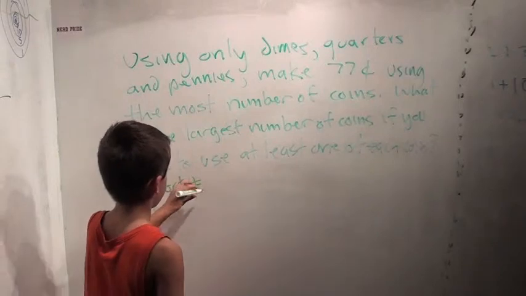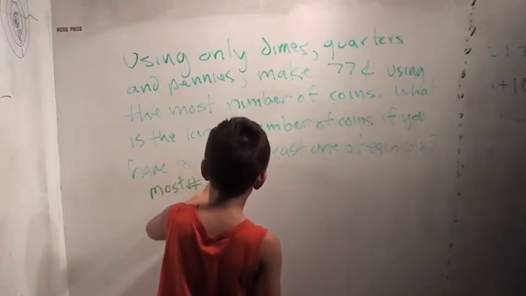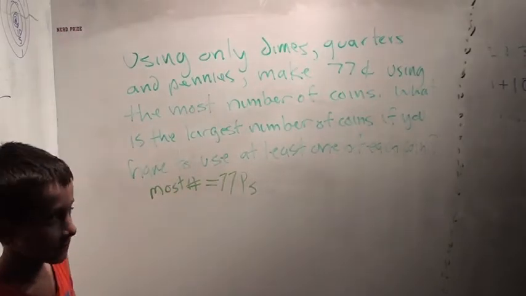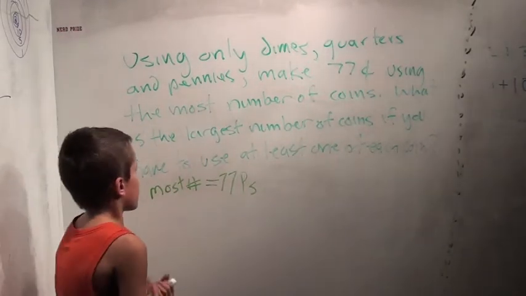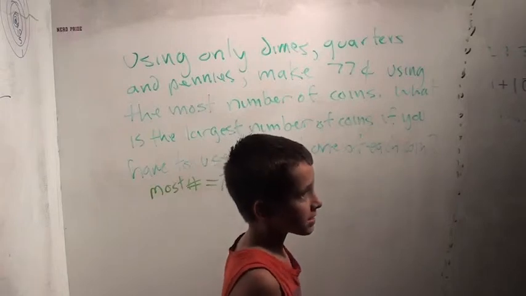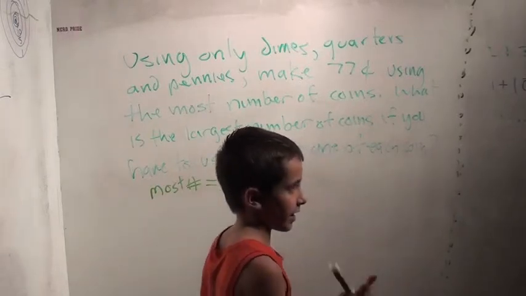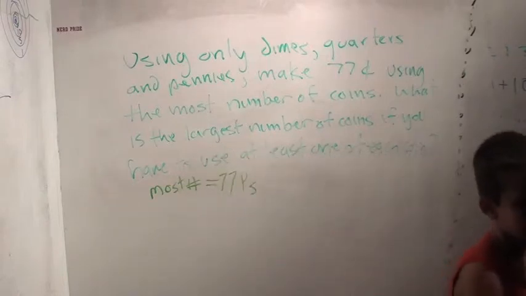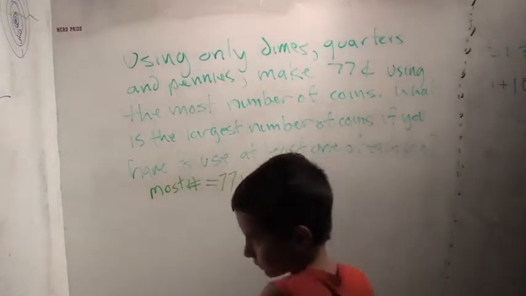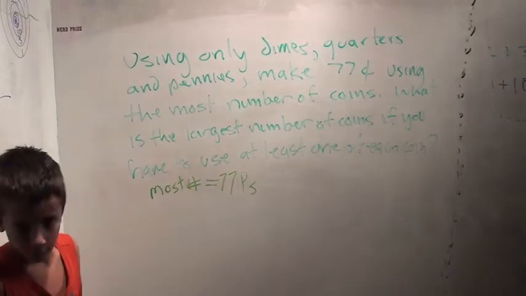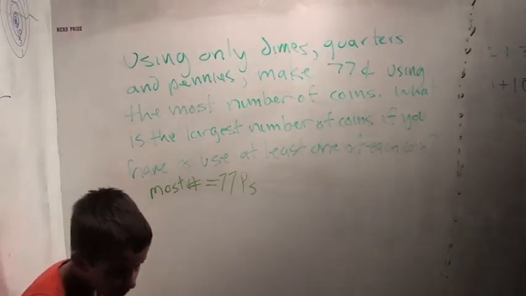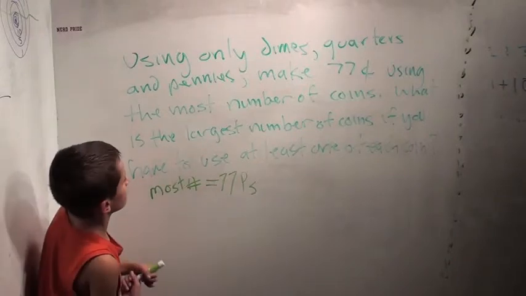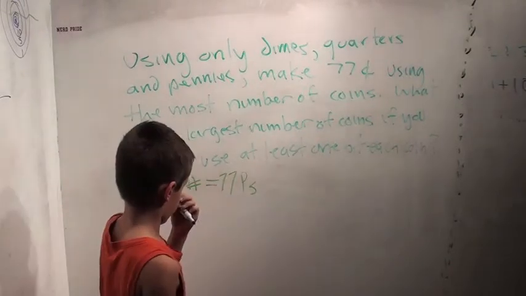Because pennies are worth the least. It was like yesterday when we were talking about making fractions: you have to make the bottom small. If you want the most coins, you use the smallest coin.